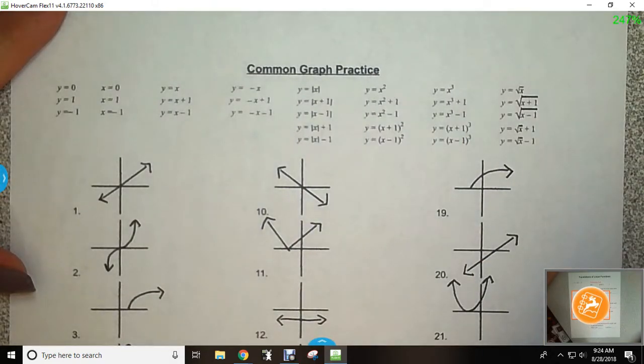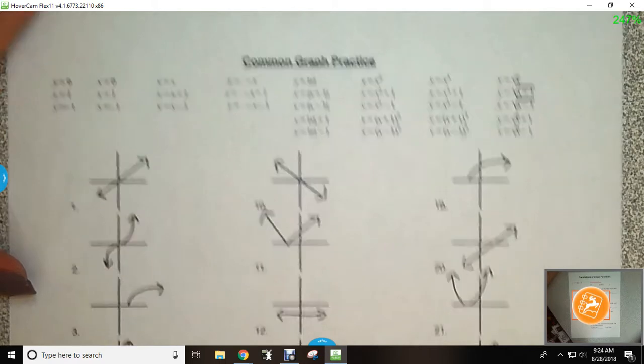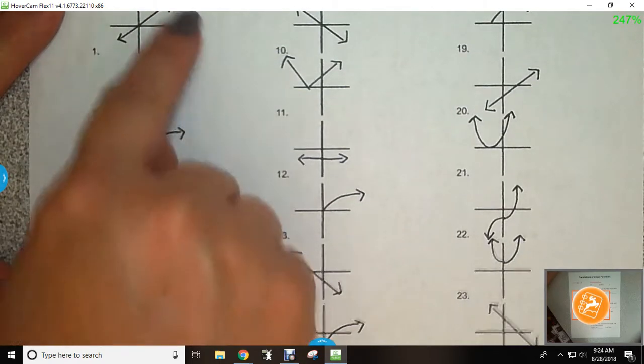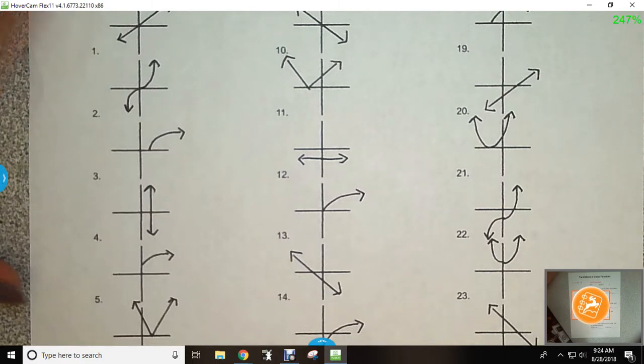You will not use any of them more than once. And all I need you to do is write whatever your equation is next to the graph. And you can mark them out as you go since you're not going to repeat any of the same answers. Okay? We will check that next time.